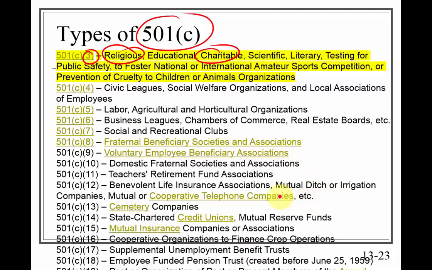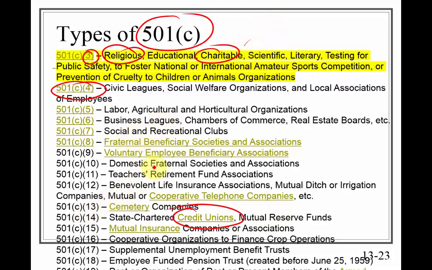For example, I believe political organizations would be a 501(c)(4). Political contributions you cannot deduct as a charitable contribution. Or how about a credit union? You're tax exempt for your profits, but if you make a contribution to a credit union, you can't take a deduction because they're not a charity.